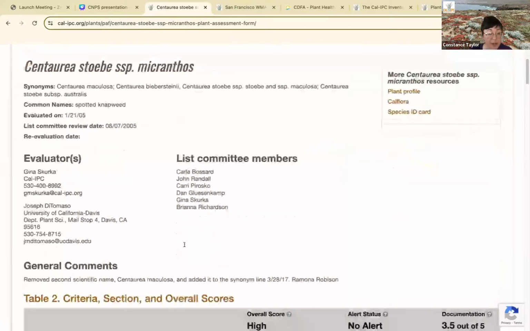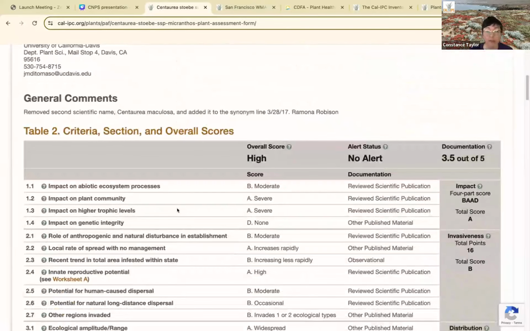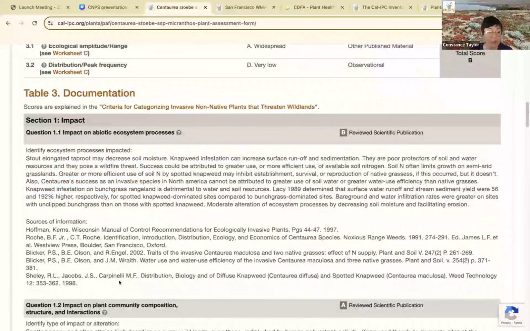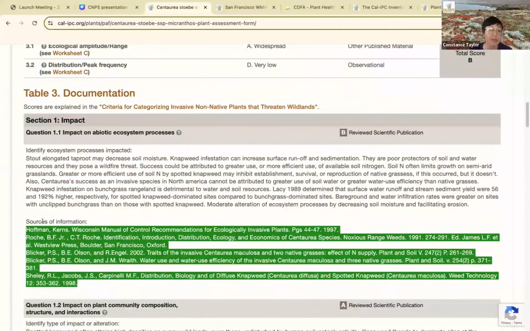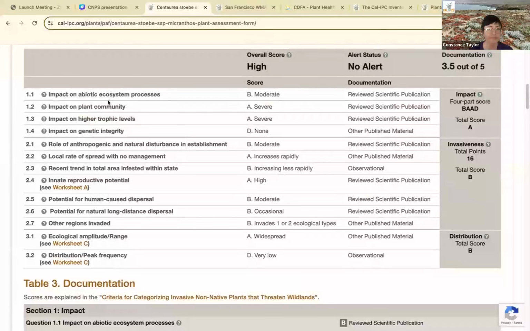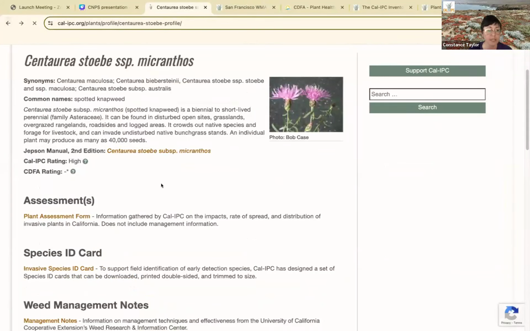You've got the evaluators here and all the different criteria that it was scored on. And a really, really helpful thing to know about is here are all of the scientific resources cited that were reviewed to make the rating what it was. So that's a great resource if you're looking for more info on a particular plant.